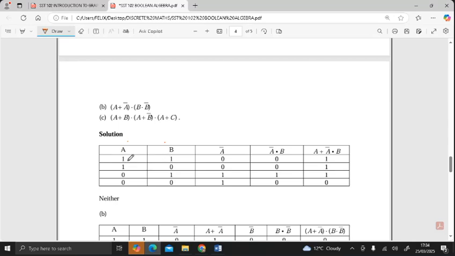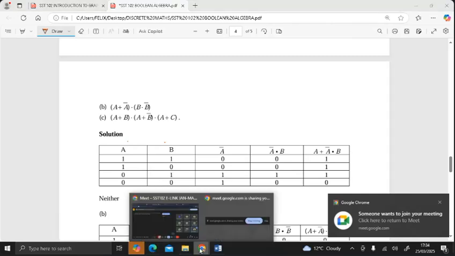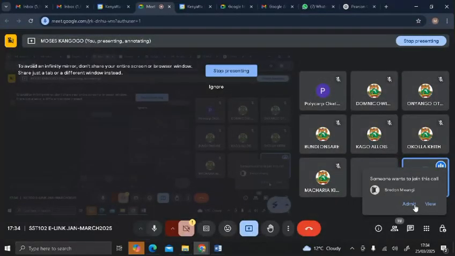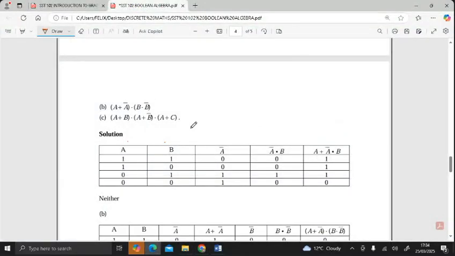We have A and B. So in that case, we have A, B. And of course, A either takes 1 or 0. You see, we have the combinations of all these values: 1, 1. If you were to go to propositional logic, that is true, true. This one is true, false; then false, true; and that one is false, false. I think that is something that you can see.